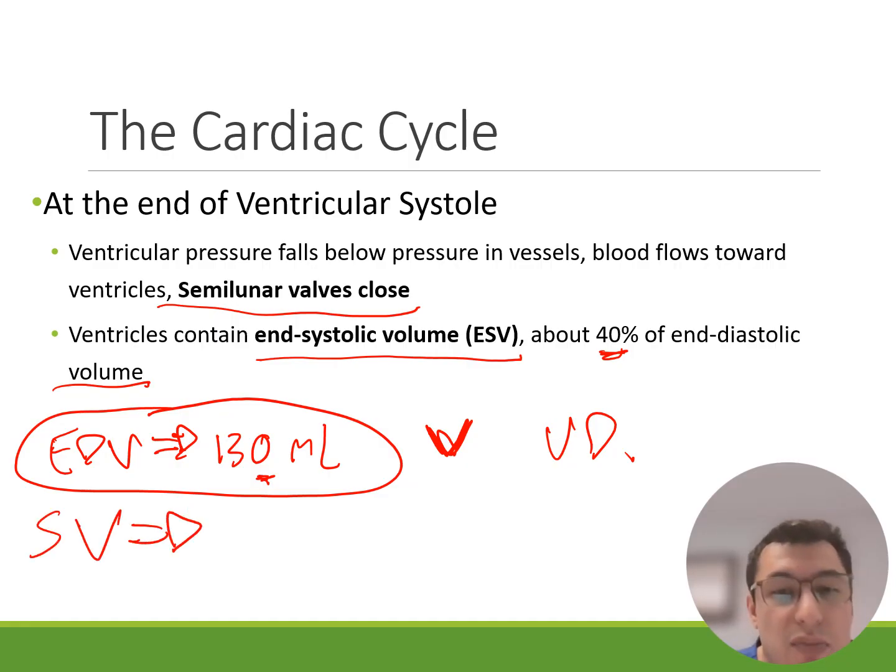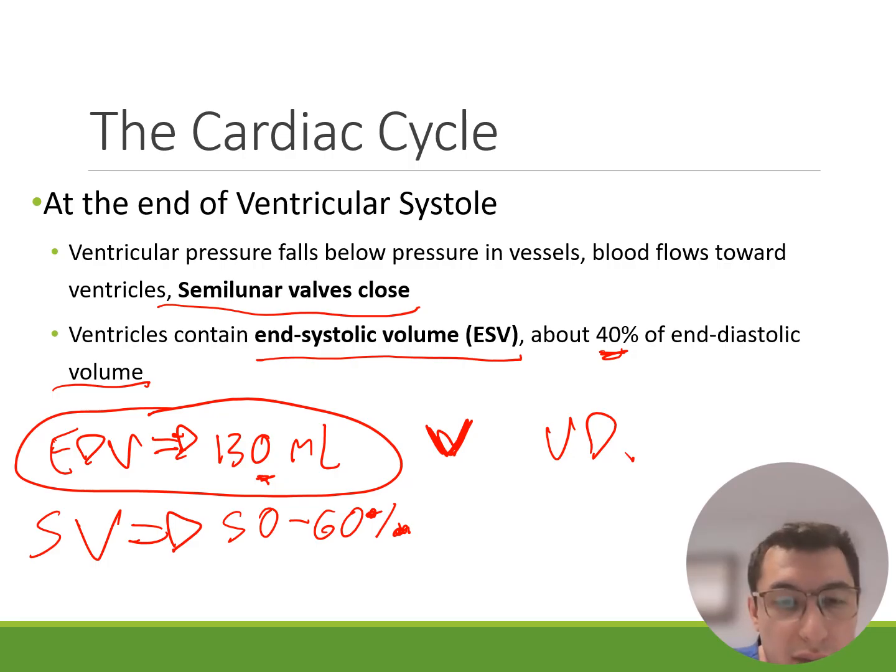The volume that is actually ejected is what we call a stroke volume. And that is how much blood actually went into the pulmonary circuit and systemic circuit. Oftentimes it is about 50 to 60% of that end diastolic volume. All right. So how do we calculate this end systolic volume?